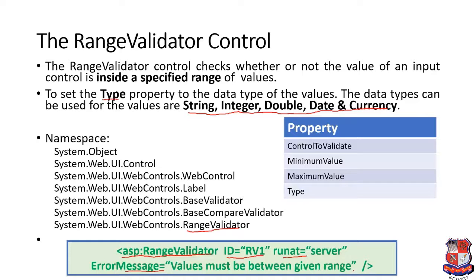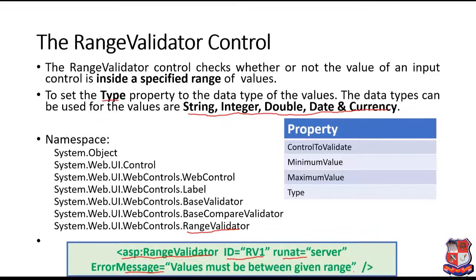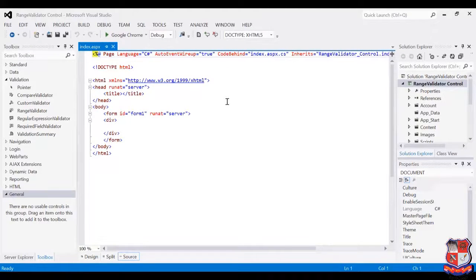Now we'll see an example for the range validator control in Visual Studio. In Visual Studio, I already took a project with the name range validation control, and this project is a web application. I already added a web form into this project, and that is index.aspx.